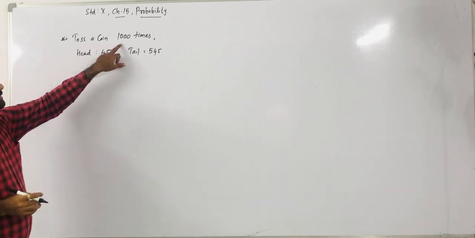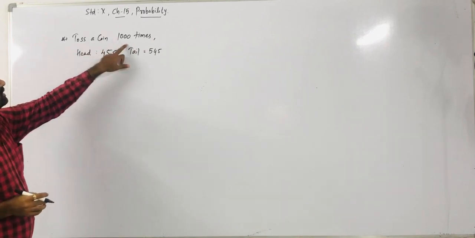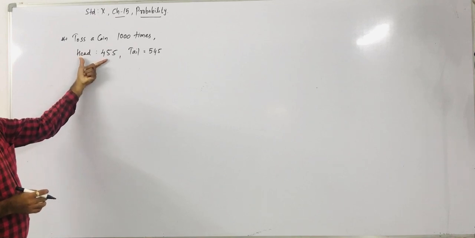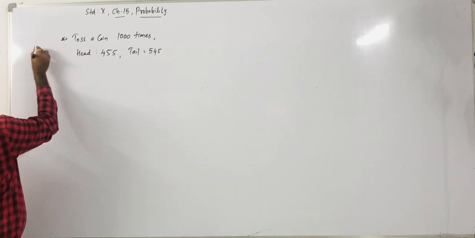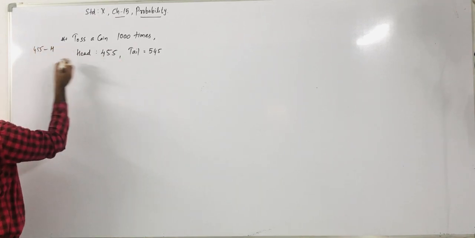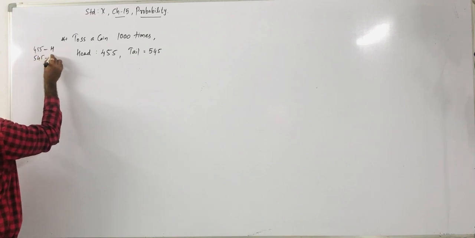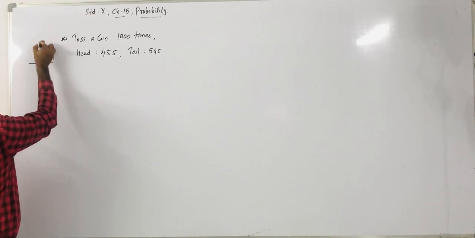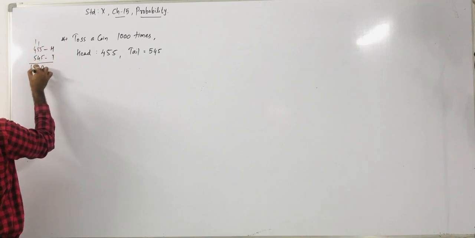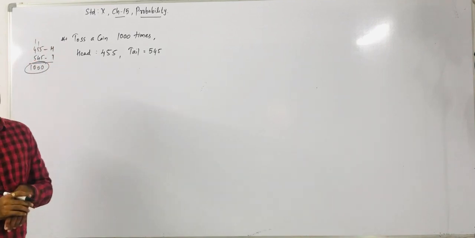Out of 1000 tosses, 455 are heads and 545 are tails. If you take the summation, we get 1000 total trials.